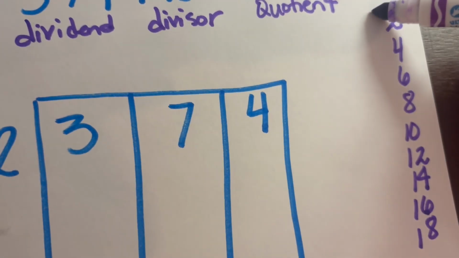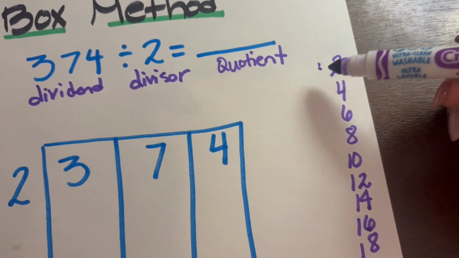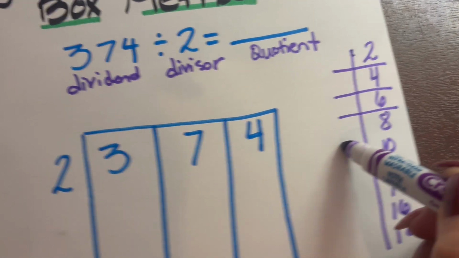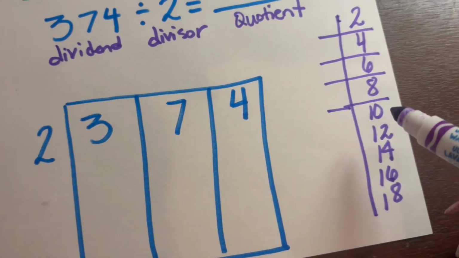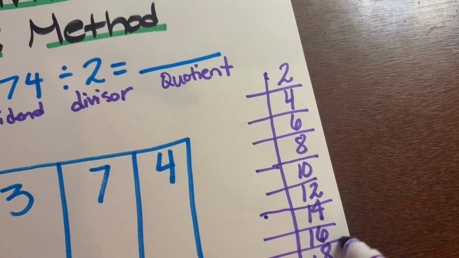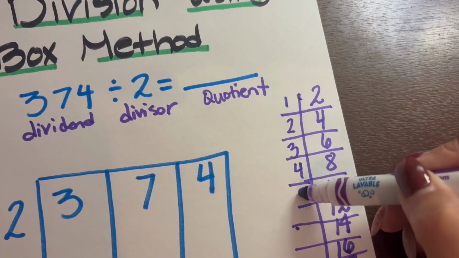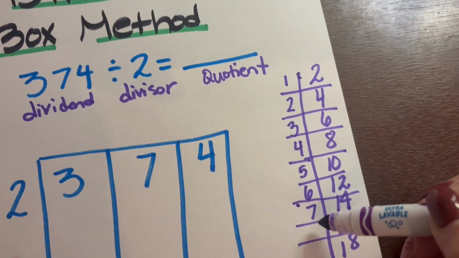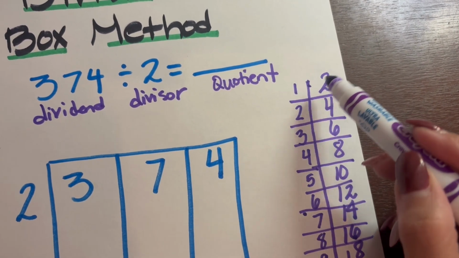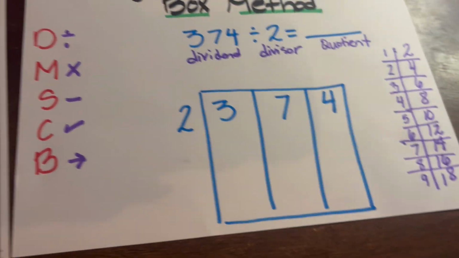You can just write the first few, and if we need to go back and add more, then we can add more. You don't have to put the numbers, but you can, so it can help you: 1, 2, 3, 4, 5, 6, 7, 8, 9. And so now you can see 1 times 2 is 2, 2 times 2 is 4, 3 times 2 is 6, and so on. And that'll help you determine.